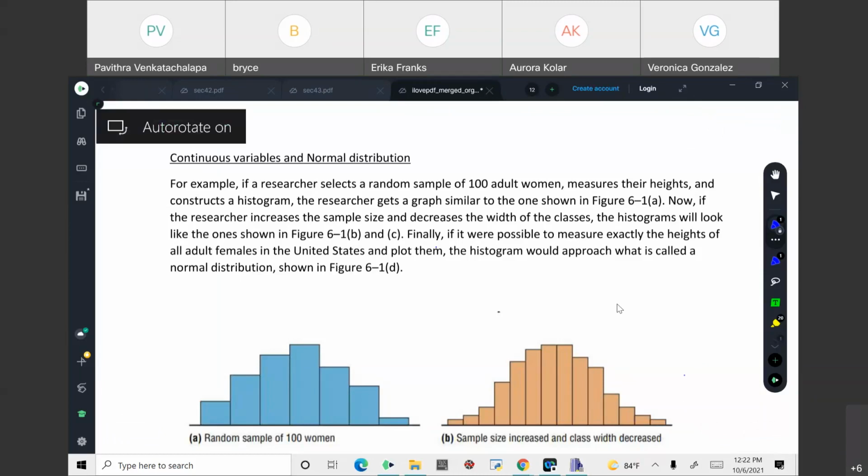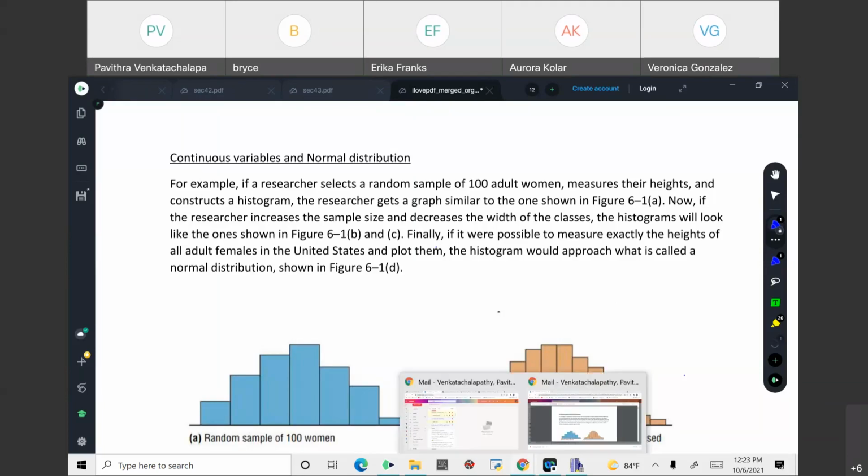Going to chapter 6. So for the students on WebEx, there is a Z table available in your Blackboard.